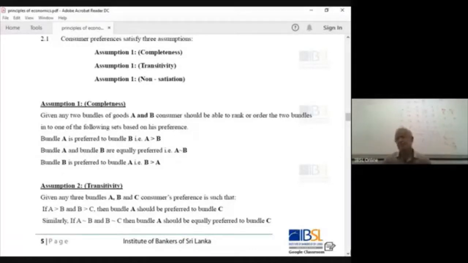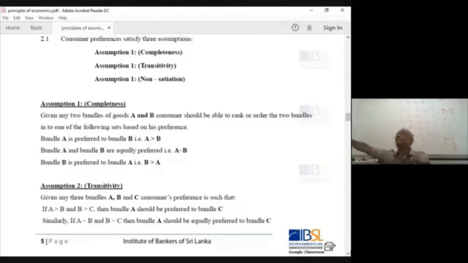For example, if you think orange is preferred to apple, and apple is preferred to banana. Between oranges and apple, orange is preferred to apple. Between apple and banana, apple is preferred to banana. Right?